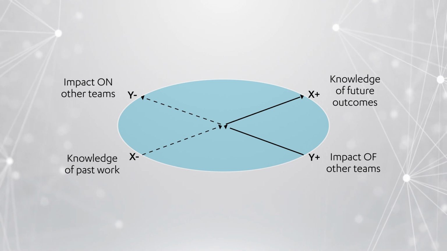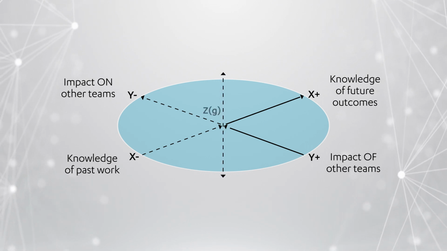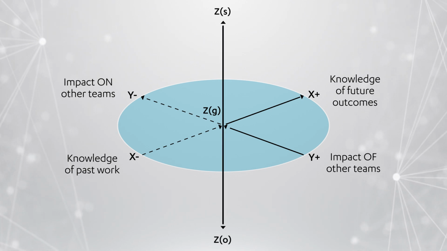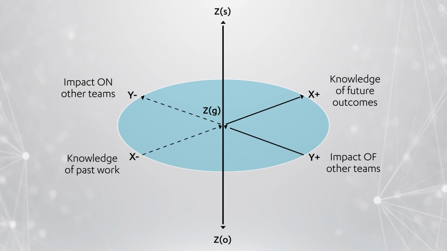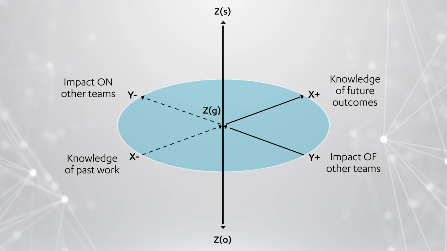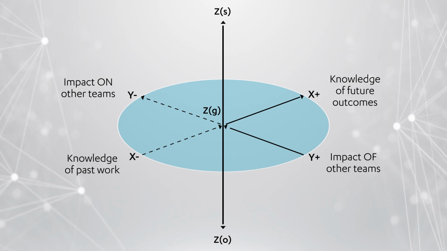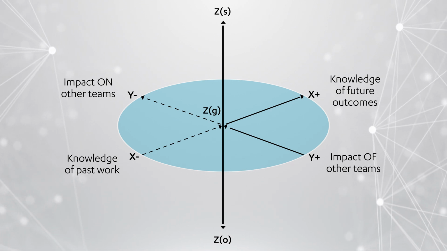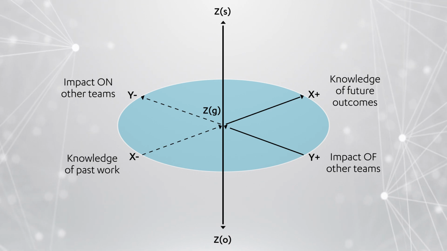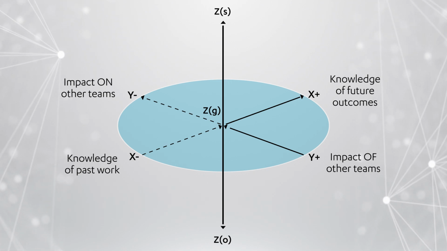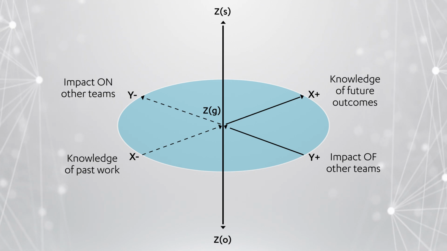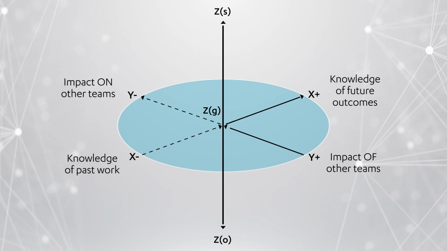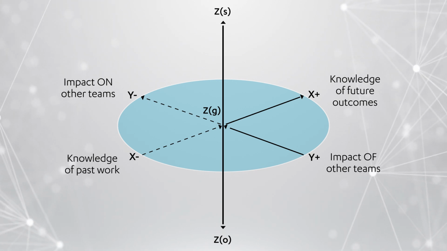Now, of course, the reason for all of this is to help your organization achieve its broad organizational goals. So you can think of ZS, if you will, as the organization's strategic intent. Given its strategies and policies, what does the organization want to try to achieve? And what are the organization's broad strategic objectives? You can look at ZO then as operational intent.